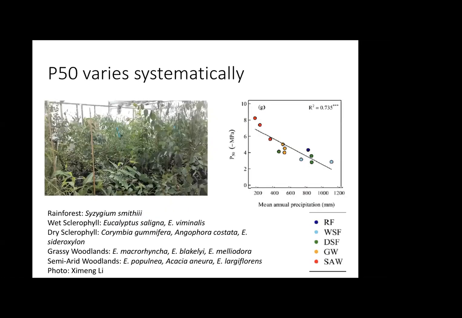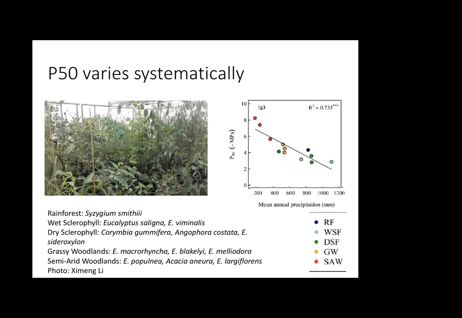And one thing that's coming up again and again, very clearly, as we look at species across this wonderful rainfall gradient that we have in Australia, is that that indicator, that Xi50, varies really quite systematically with the climate of origin of different species. This study was led by a PhD student, Ximeng Li.